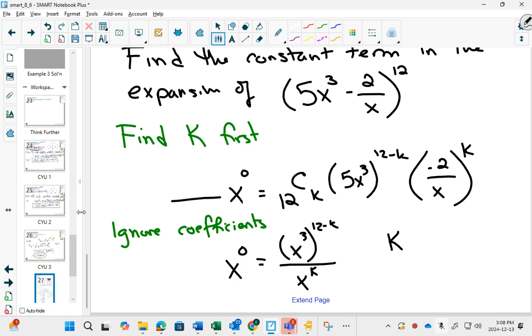Use number 3. You're going to go 3? Yes. Okay. So if we use 3, then x cubed to the 12 minus 3, which is 9, so that'll be x to the 27. And we will have x to the 3 on the bottom.